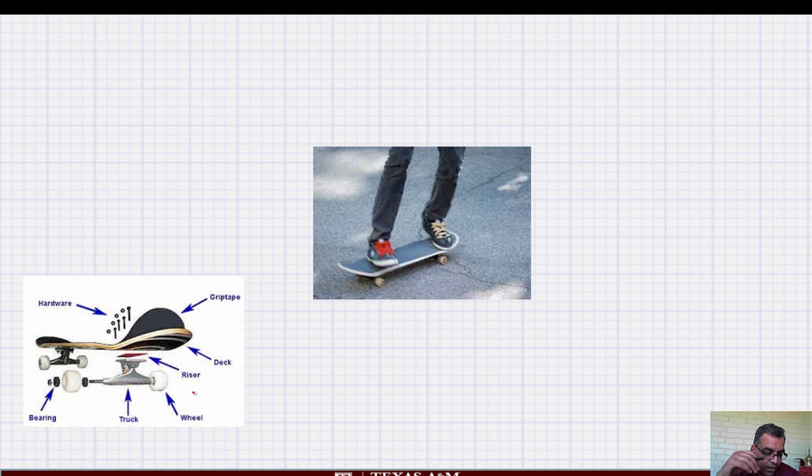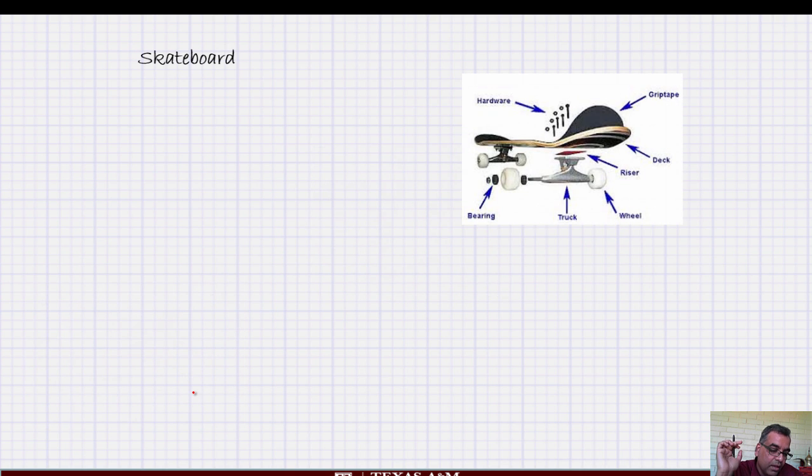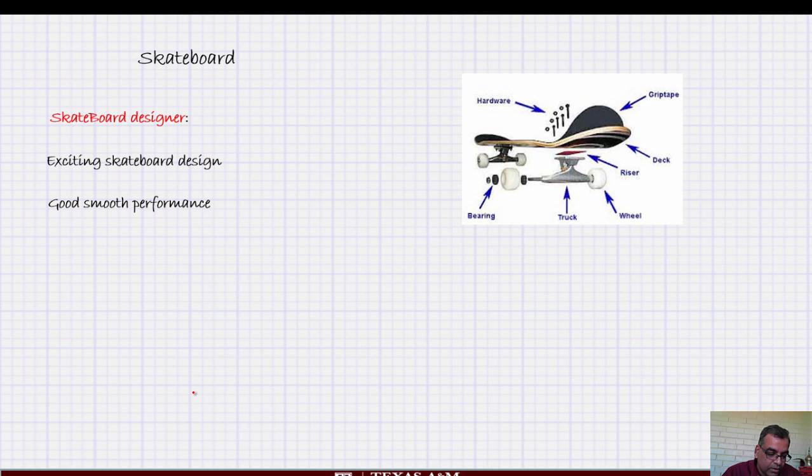If you want to look at the issues when you design, at a simplified level, then at a designer level, you want an exciting skateboard design. It looks cool, it looks exciting, so that's item number 1. And it has to have good, smooth performance, smooth motion. Okay, but that's not all.